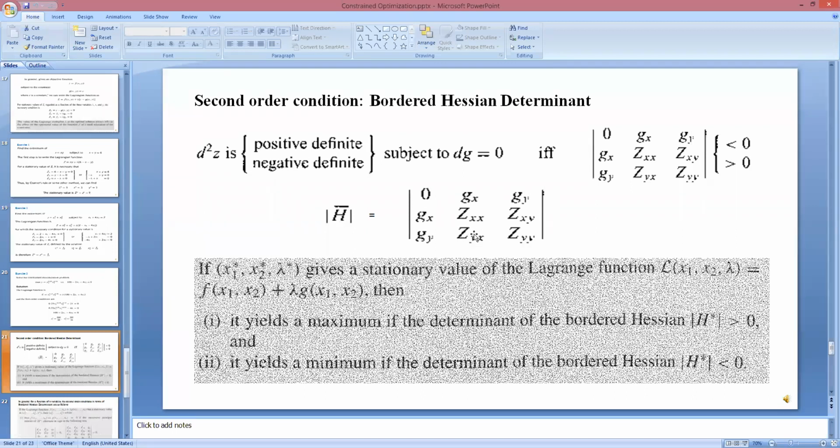Rest of the terms are the same, zxx, zxy, zyx, zyy. All these things will be more clear when we start talking about economic applications, because all these things will be context specific, problem specific, and we will understand the matter very well.